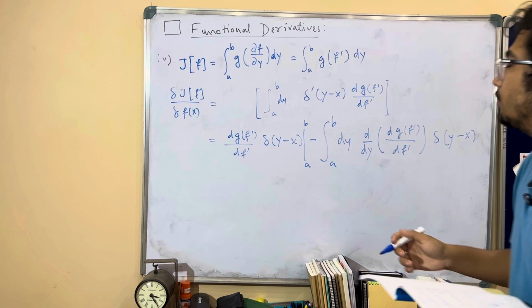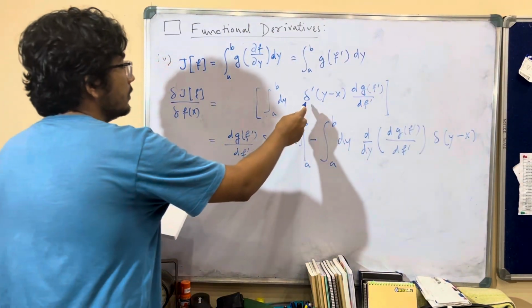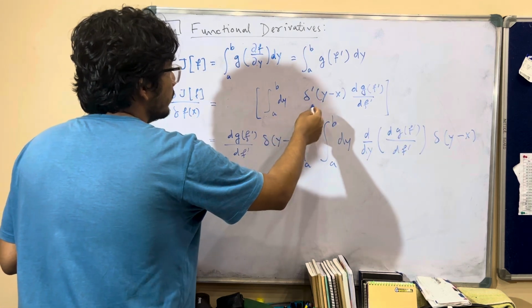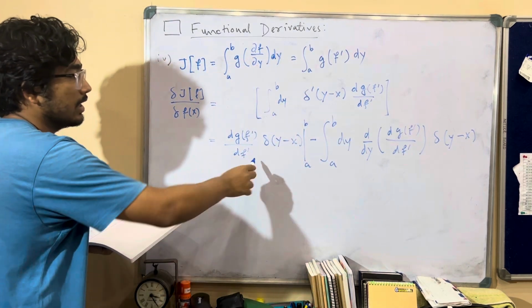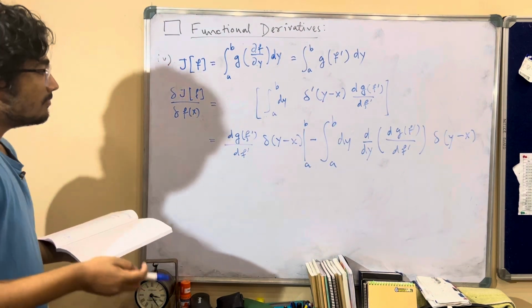As I have told you before, we did integration by parts so that we can omit the problem with delta prime. Here there are no delta primes now, so we are good to go.